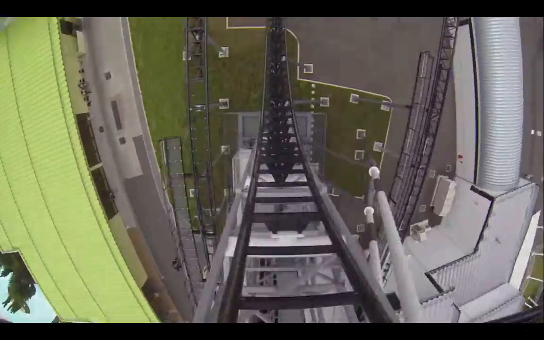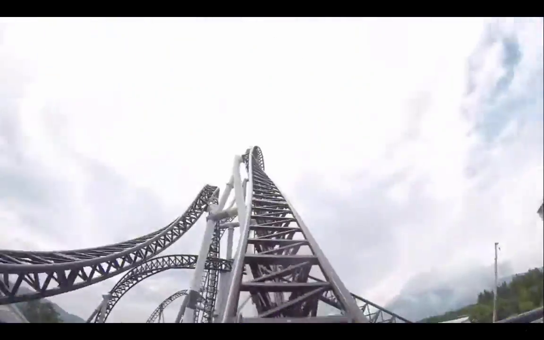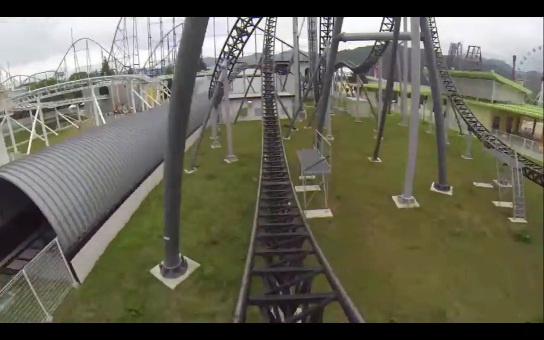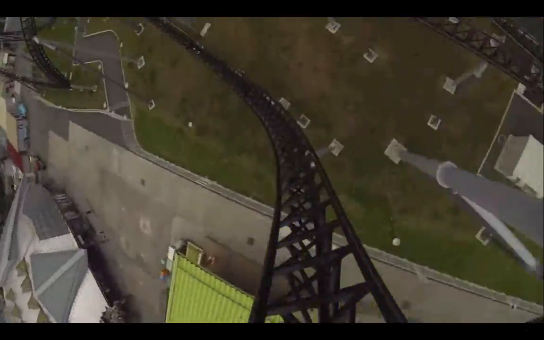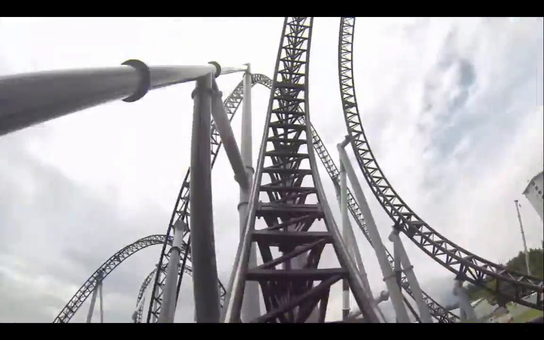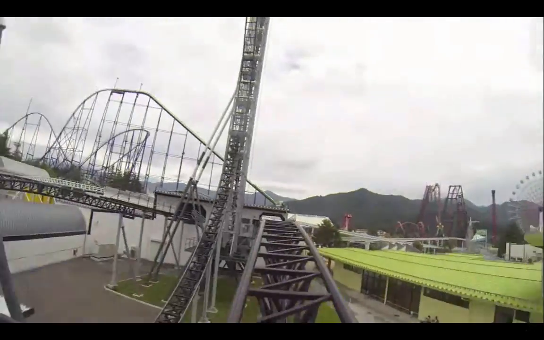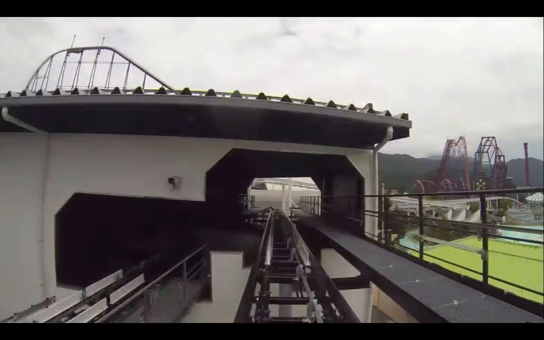So gravity starts doing work and converts that energy into kinetic energy, and then it keeps sloshing back between potential and kinetic, and then back to potential, and then back into kinetic, and then back into potential, and so forth as you go round and round the roller coaster.